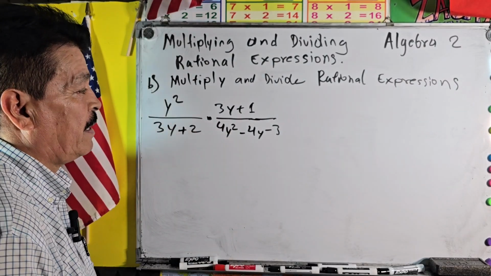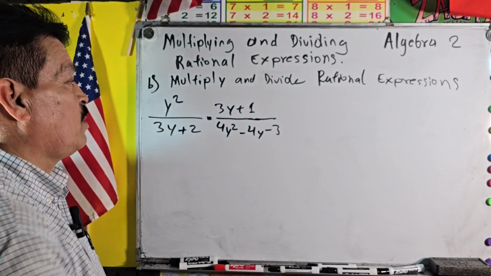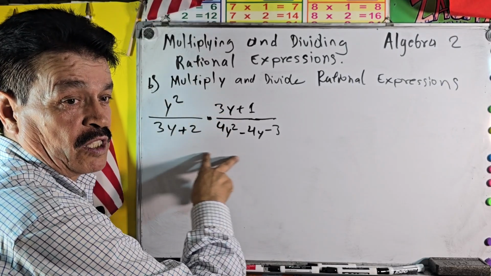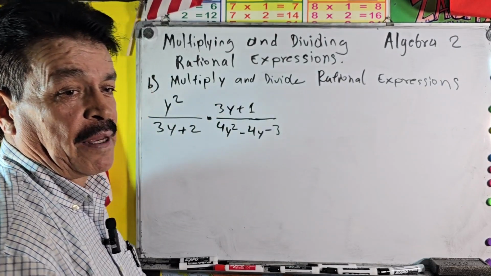So we have to multiply. When you multiply, just multiply numerator by numerator and denominator by denominator. Just multiply everything. It's very, very easy.